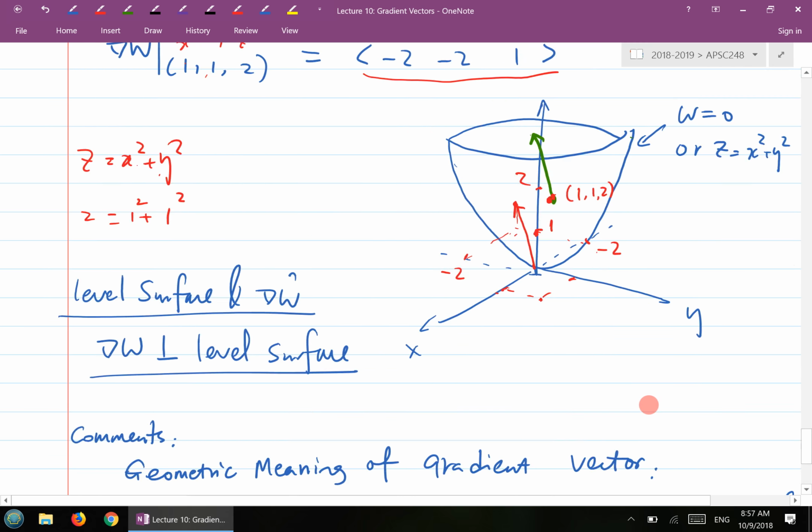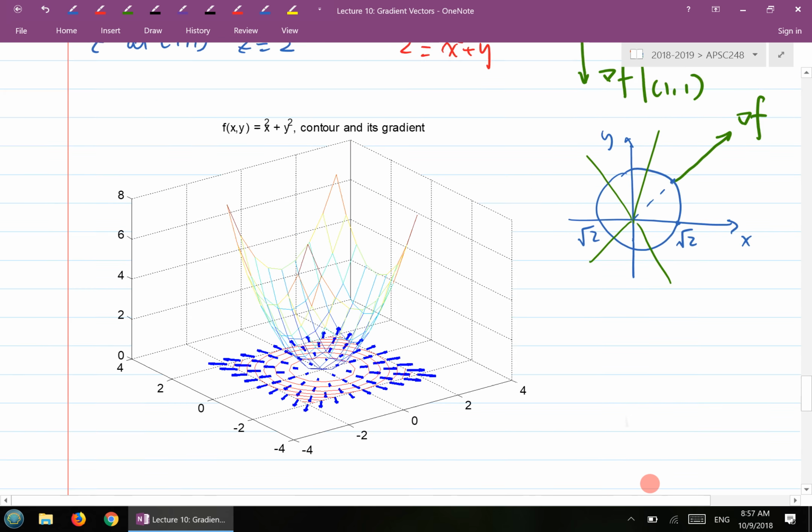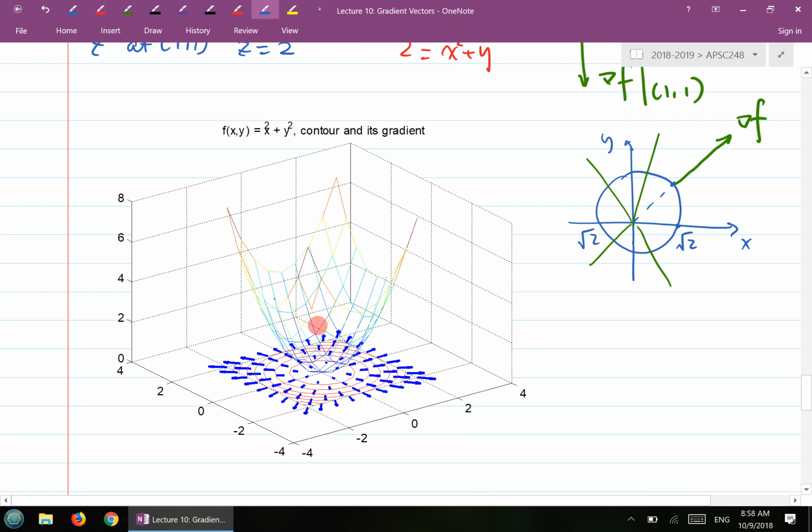For example, let me show you this. If I have a paraboloid, and you have a point inside the xy plane, let's say this is your starting point.